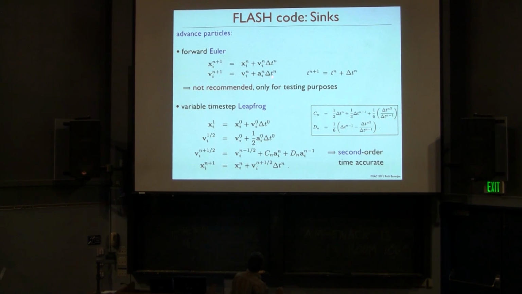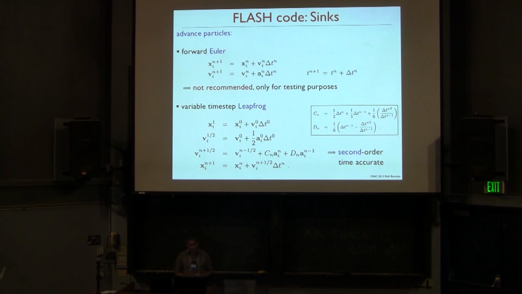And as you see here, that's just the simplest way you can essentially think of how to advect your particle. So you update your position and the velocity of your particle. So this is not really recommended, because it doesn't give you stable orbits for a long time. But for quick testing purposes, you can maybe use this.